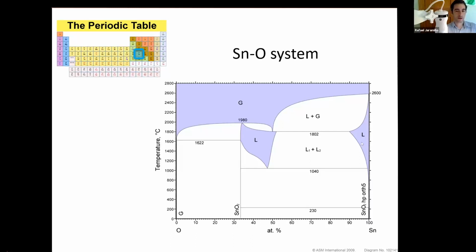In the liquid phase, it dissolves some oxygen. You can see that, right? The liquid phase here has a solution region. So you can dissolve oxygen in liquid tin. But what about in solid tin? Right, no oxygen dissolved. So you see, solid tin will just coexist with this line compound, tin oxide.